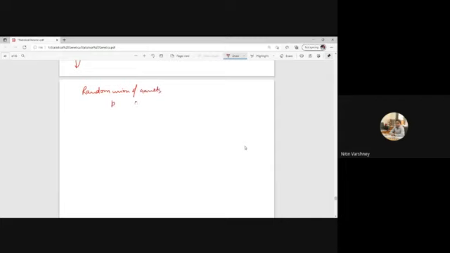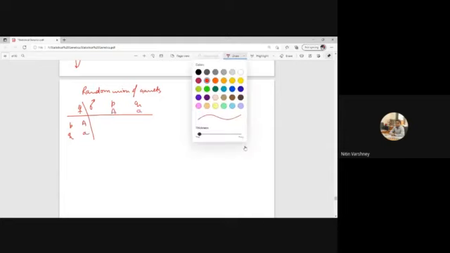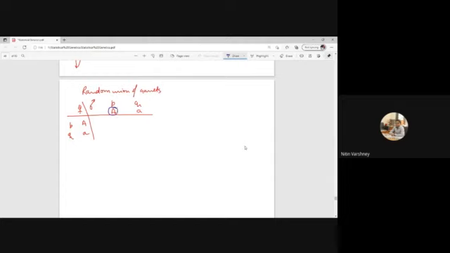See, p and q. Suppose this is male and here female, and this is capital A, small a, capital A, small a. These are my gametes. So this is random union of gametes.